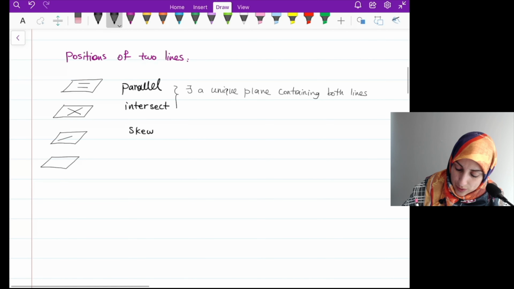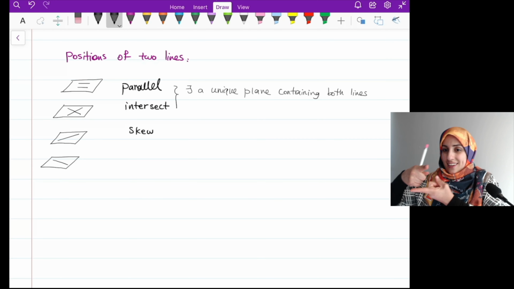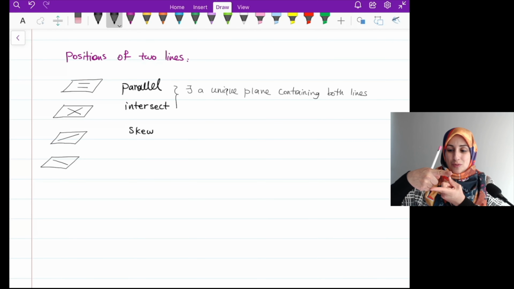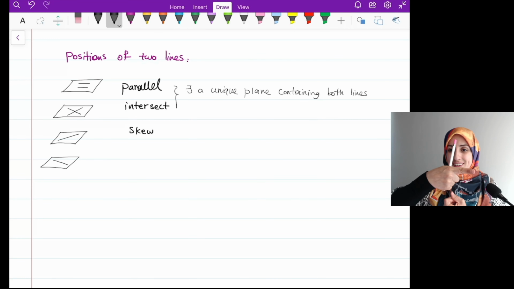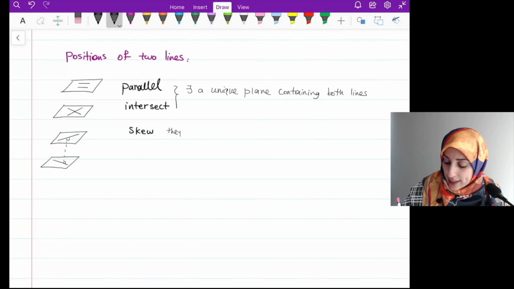One of them would be this way, the other one is this way. You see? I hope you can see it. One of them would be in this direction, and one in that direction. That's why I don't have a unique plane containing both. In this situation, they lie in parallel planes.